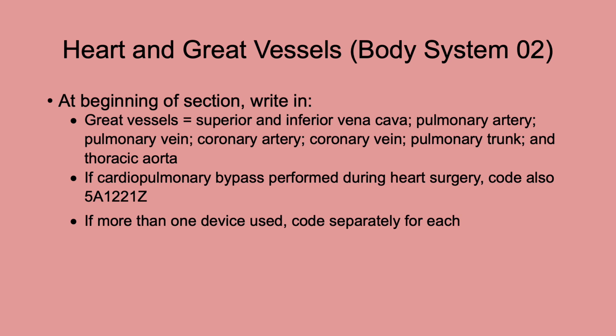Also write in: if cardiopulmonary bypass performed during heart surgery, code also 5A1221Z. Okay, so that's another thing that's often missed. You don't want to miss anything. So the cardiopulmonary bypass is coded separately. Also write in: if more than one device is used, code separately for each.